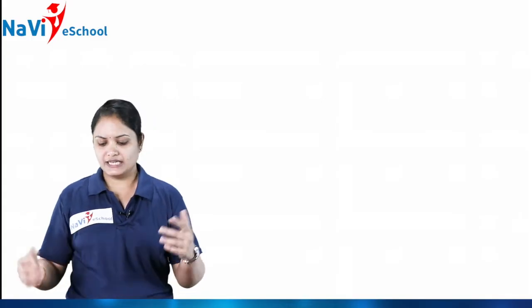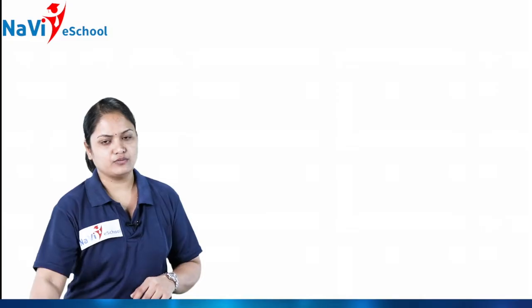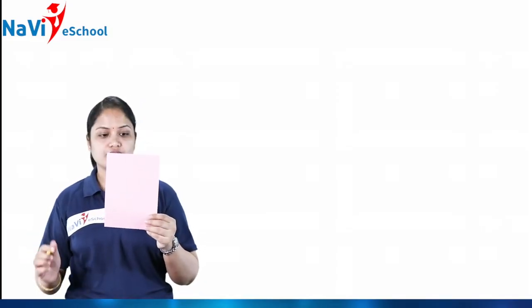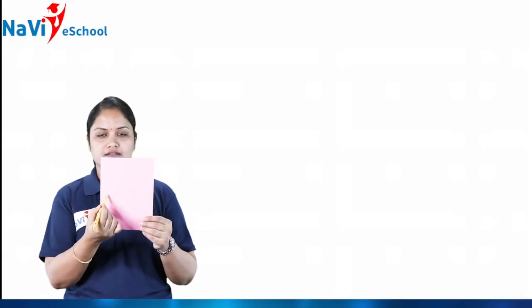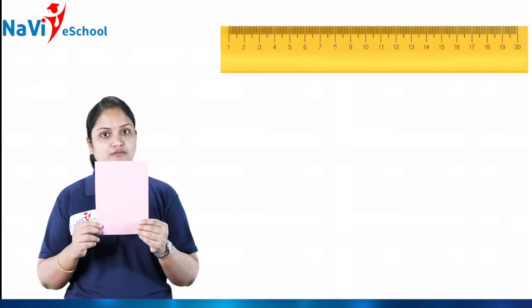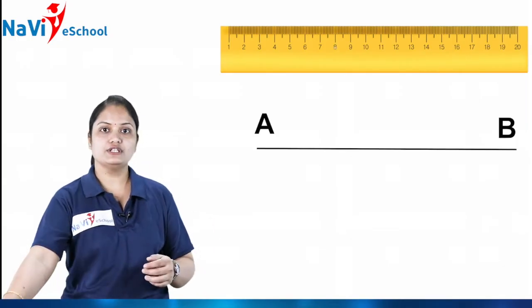See, take any page. It might be a white color page, whatever. Take a page like this, and here what you have to do is mark a point here and here. Then, using a ruler, draw a straight line, as I am showing you on the screen.